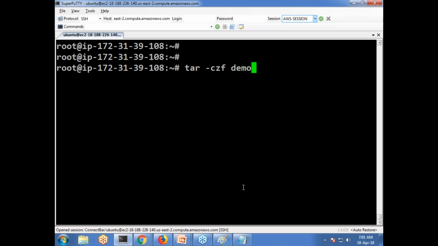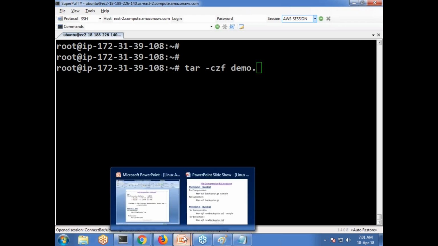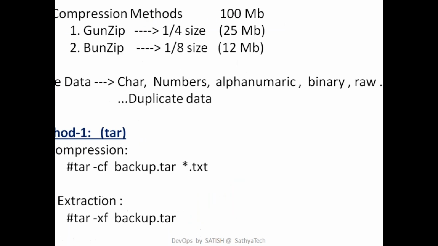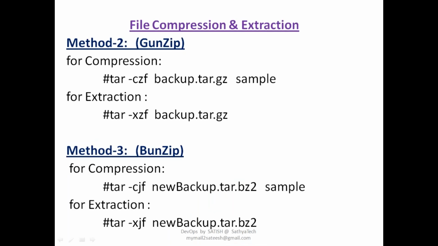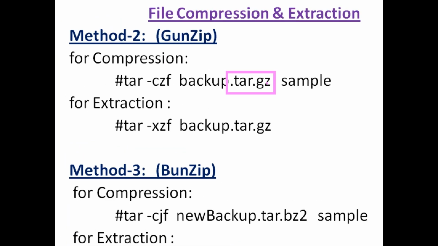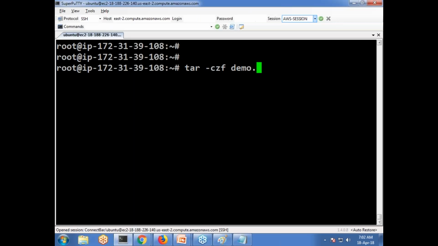Let me specify the file extension. Earlier the file extension was dot tar, backup dot tar. Now I can see this file extension backup dot tar dot gz. What does gz denote here? It is a gzip file. Let me create one gzip file.